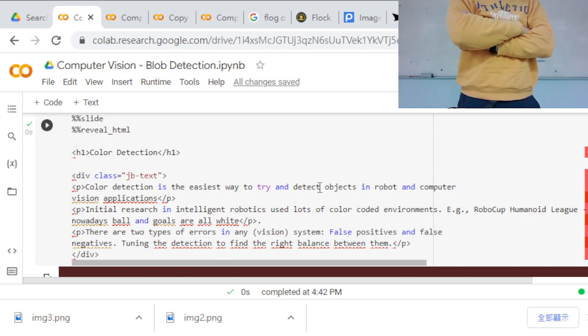If it cannot find the goal, is that more or less a problem than finding a phantom, a ghost goal?